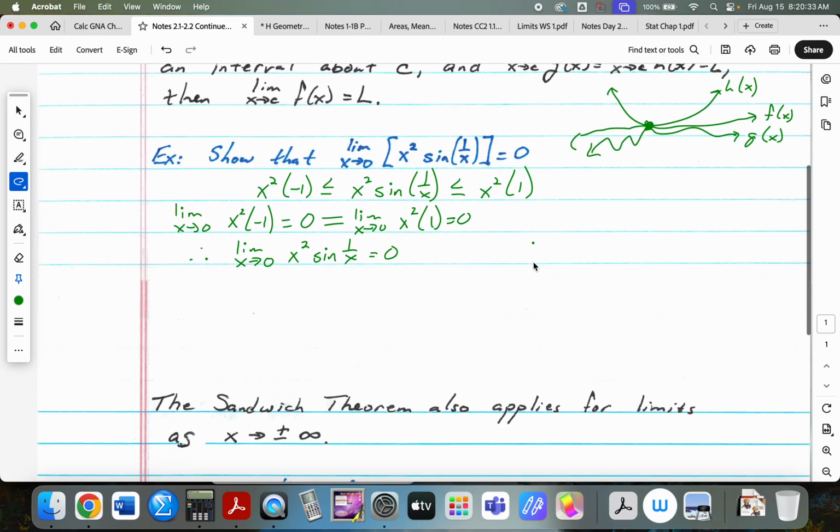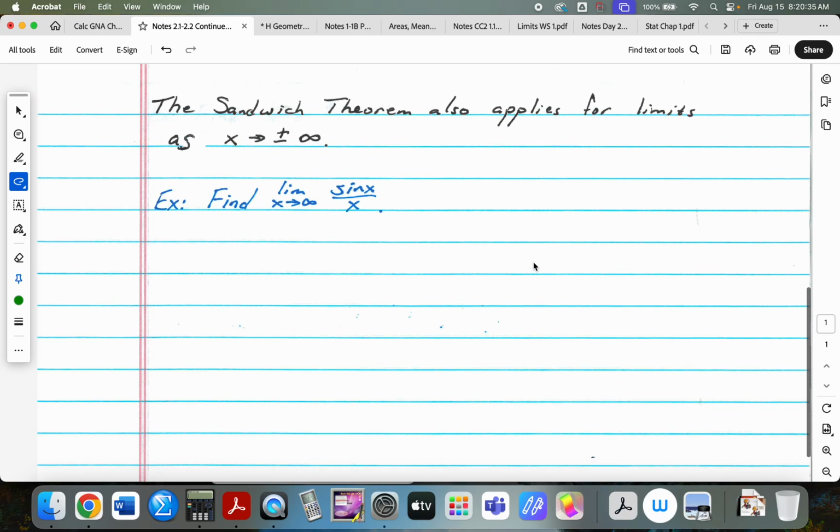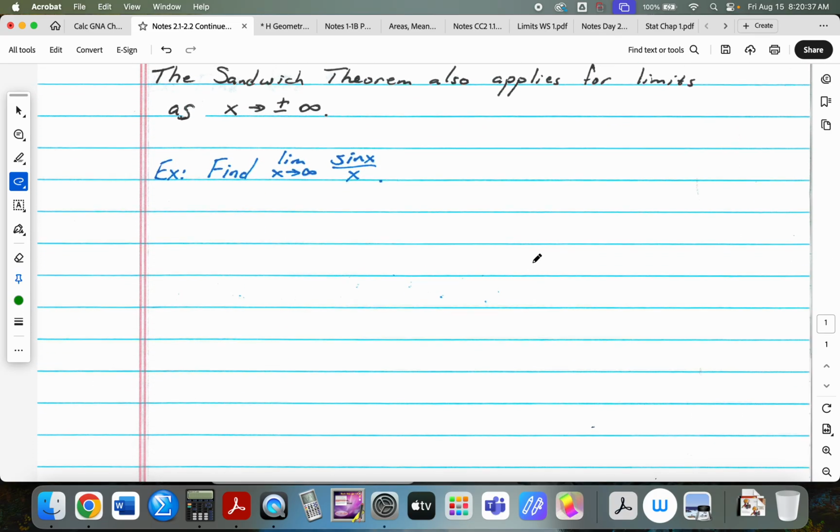All right. So the sandwich theorem also applies for limits as x goes to plus or minus infinity. So for this, we have kind of hand-waved on this when we've done this. We go, well, sine is always finite, and it's over something really big, so it's going to go to 0.